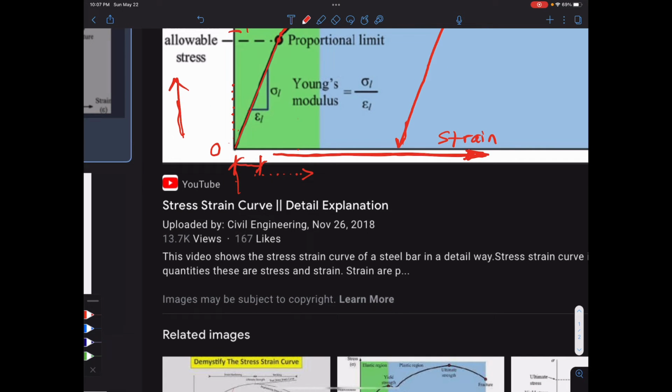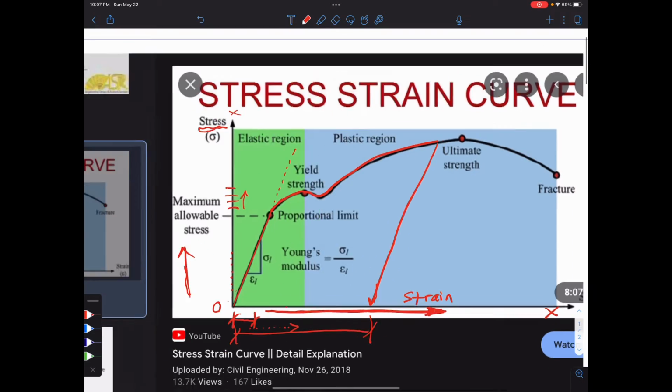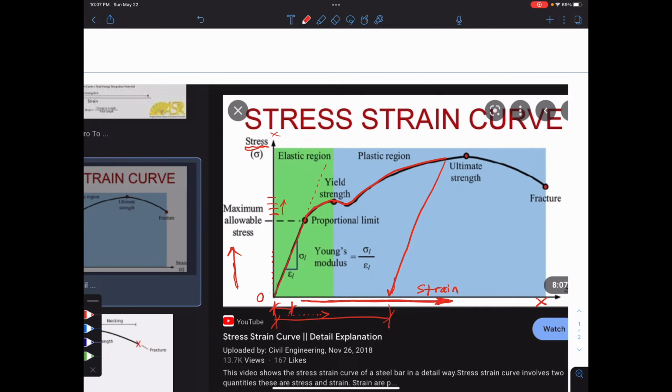The gap in your slinky has now grown tremendously. So whereas maybe before it was a small gap in your slinky, the gap is huge. There's a large amount of what kind? Plastic, remember? Strain that has occurred right here. And this distance along the bottom of the graph from right here, that's a measure of how much plastic strain has occurred.